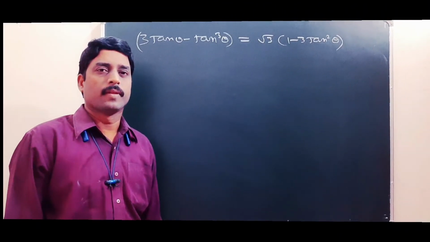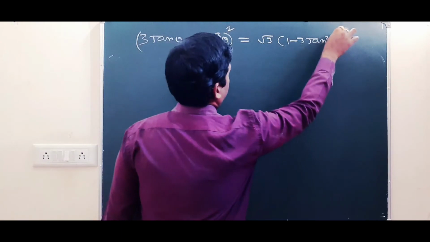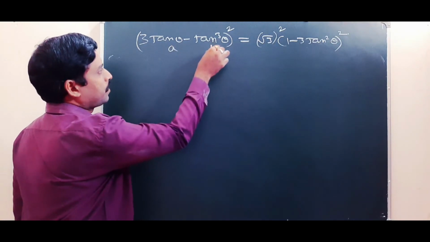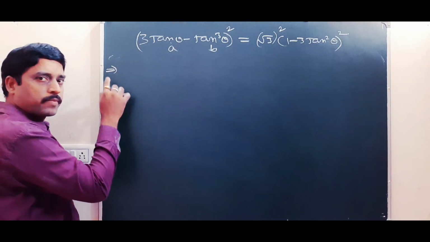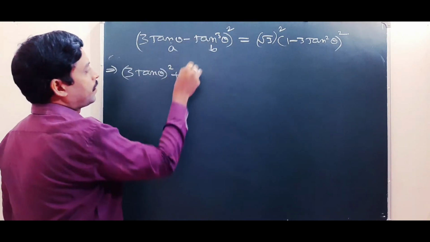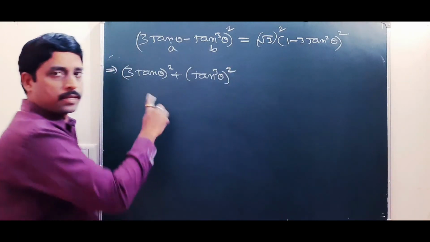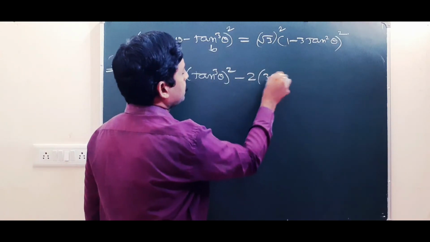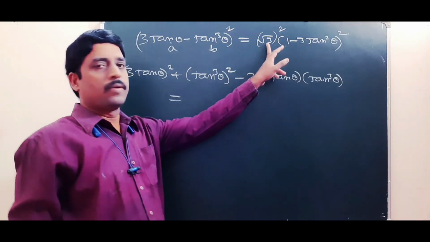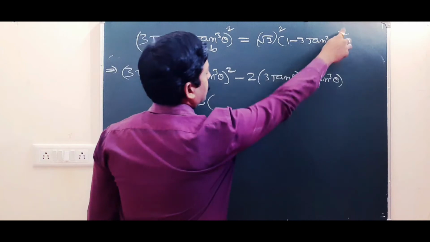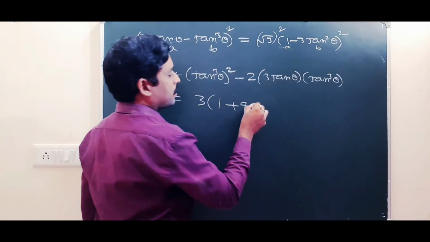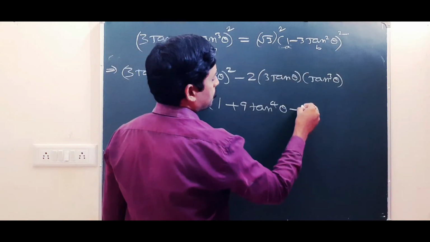By using the (a minus b) whole square formula, a square plus b square minus 2ab, where a is 3 tan theta, whole square, plus b square, tan cube theta whole square, minus 2ab, 2 into 3 tan theta into tan cube theta, equal to, so root 3 whole square is 3, 3 times, again by using the (a minus b) whole square formula, a square plus b square minus 2ab, where a value is 1, b value is 3 tan square theta, b square minus 2ab, 2 times 3 is 6 tan square theta.